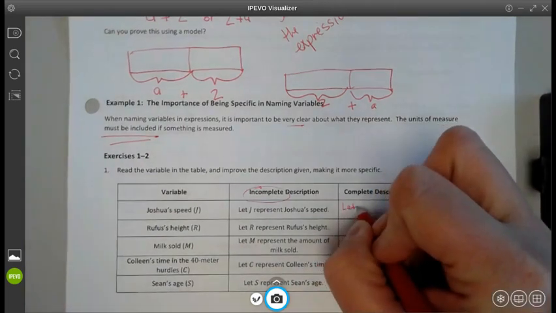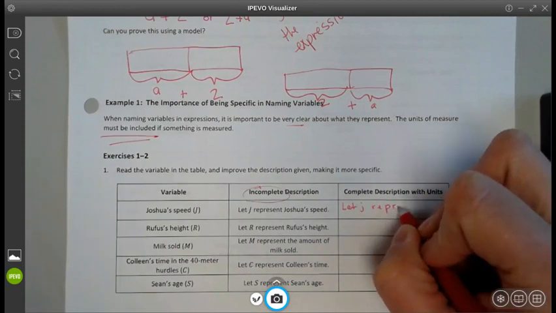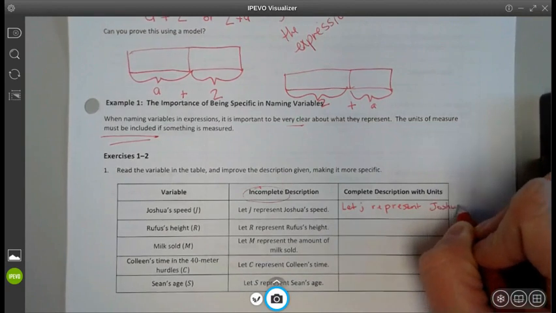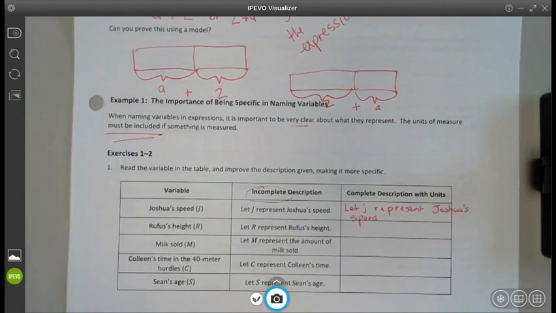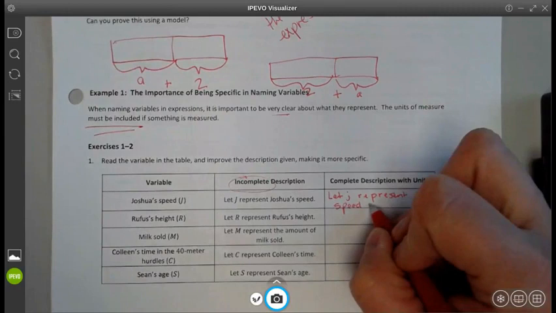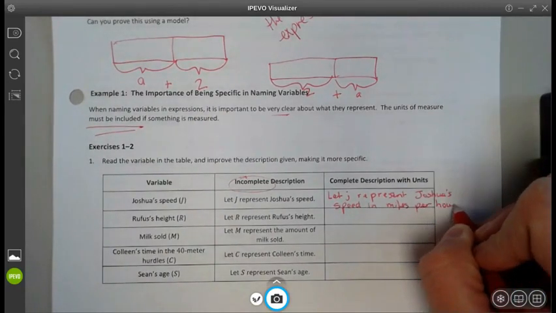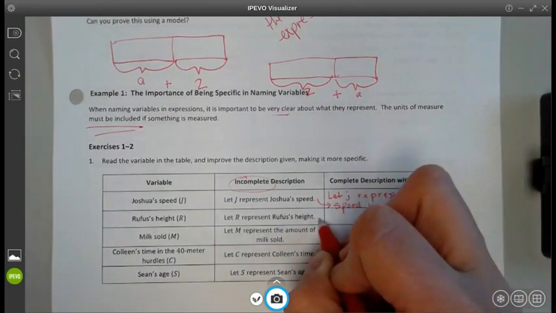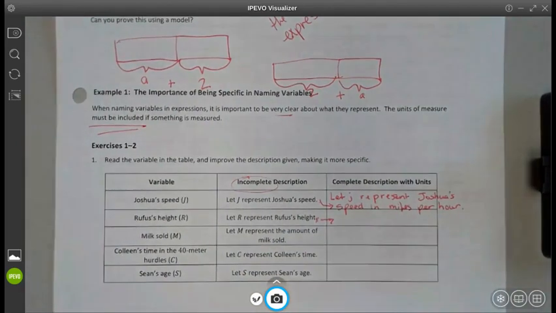So the entire thing would say, let J represent Joshua's speed in miles per hour. So we're just building upon what was here. We're taking it and adding units, eliminating this period here, and we're going to continue on.